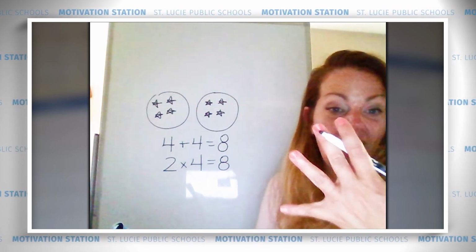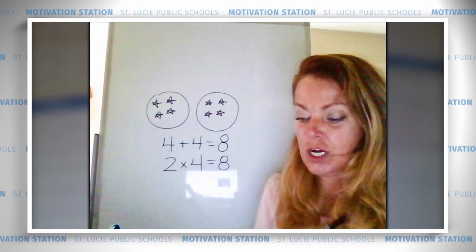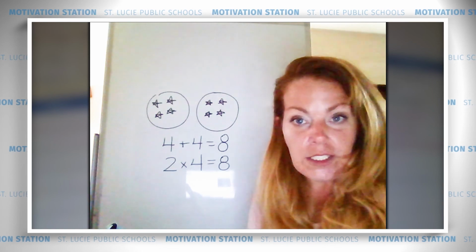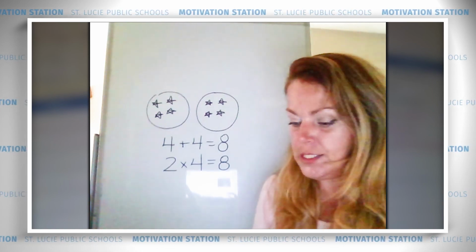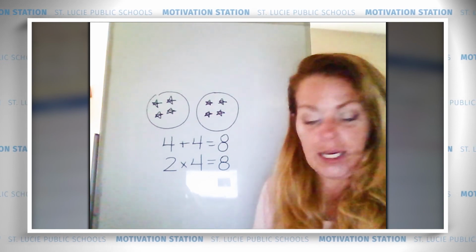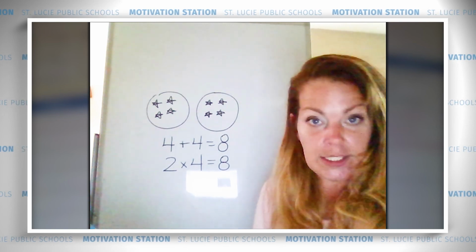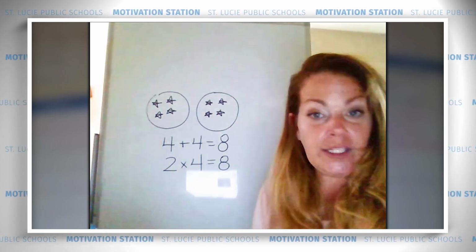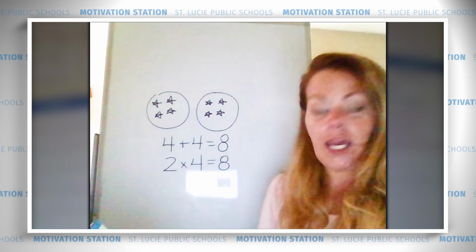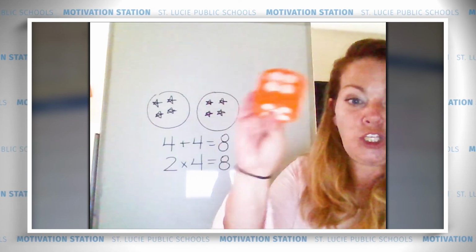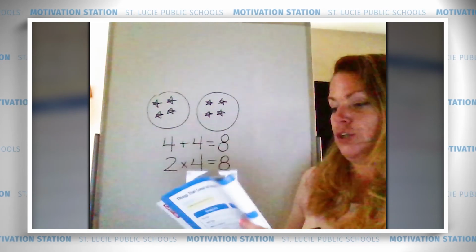Things that come in groups of 5, our fingers on our hands, the points on the stars, toes on your feet, fingernails on your hands, petals on violets, sides on pentagons. And then things that come in groups of 6, insect legs, points on a snowflake, sides on a hexagon, and faces on number cubes or dice. Okay, and you could have come up with some of your own there too.